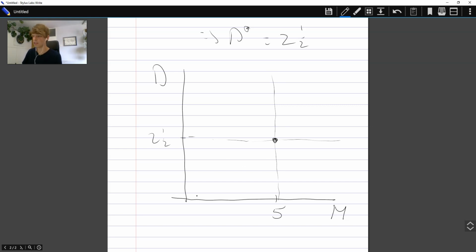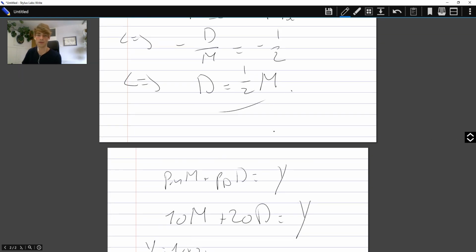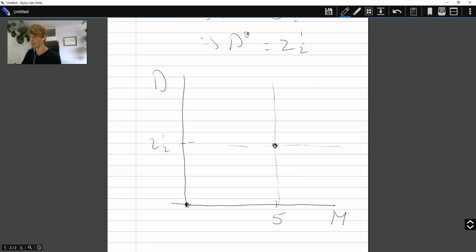If our income is 0, we'll consume over here. So what about everything in between? Well, everything in between follows exactly this linear function, d equals 1/2 m. So it's a straight line going through these 2 points. And so this is our income expansion path.